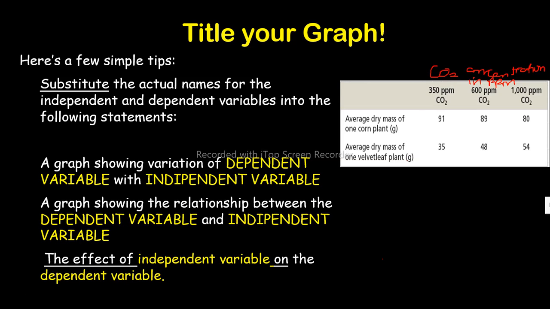We can say a graph showing the relationship between the average dry mass of a corn plant and a velvet leaf plant and carbon dioxide concentration. You can simply say a graph showing the effect of carbon dioxide concentration on the average dry mass of a corn plant and a velvet leaf.